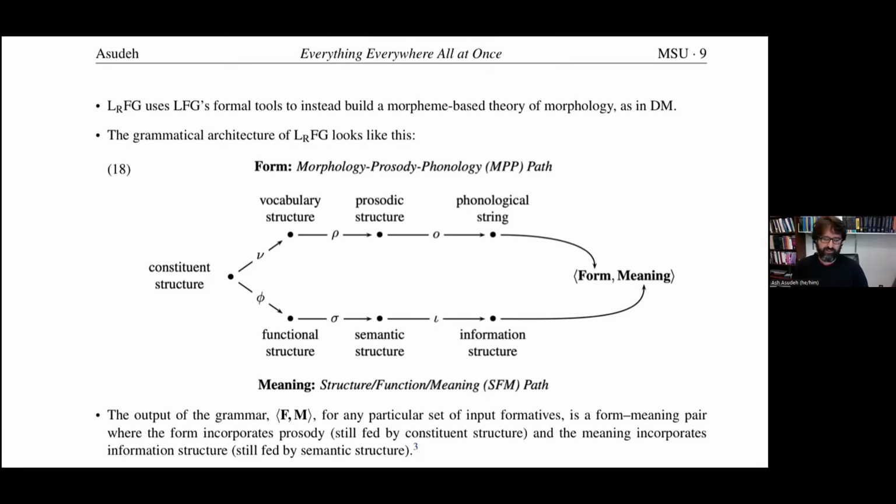On the lower path, we map constituent structure via the standard LFG projection or correspondence function phi to functional structure. Again, as standard in Glue semantics for LFG, functional structure is mapped to semantic structure by the sigma projection function. And following work by Mary Dalrymple and Irina Nikolaeva, semantic structure is mapped by this iota mapping to information structure.